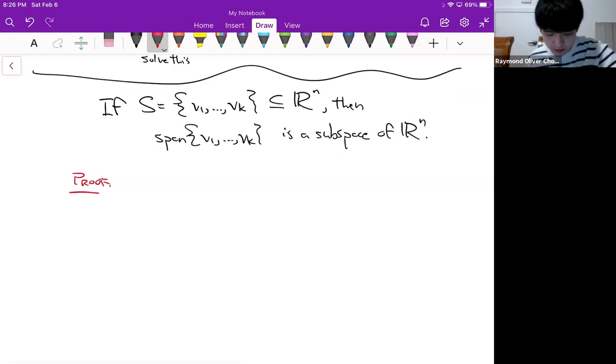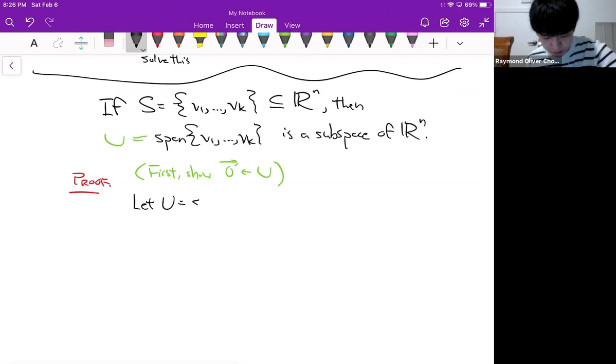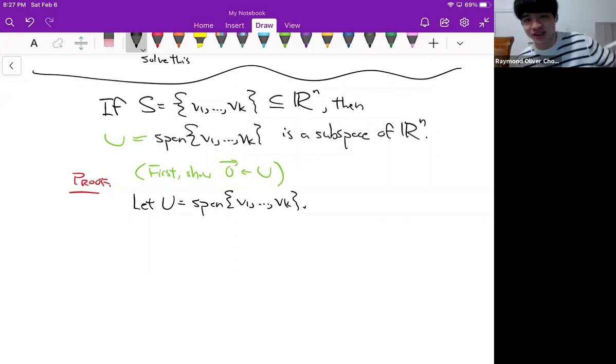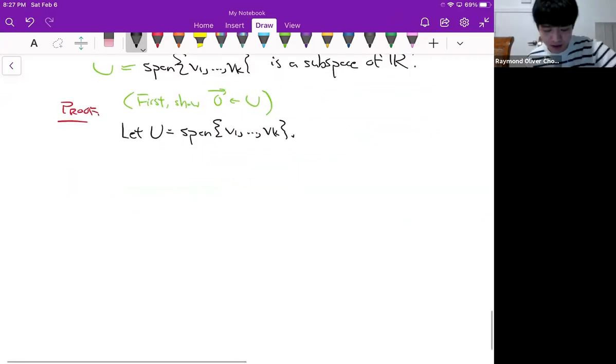So I'm going to annotate in green. First, show the 0 vector is in, let's call this thing U. So let U equal the span of V1 up until Vk.